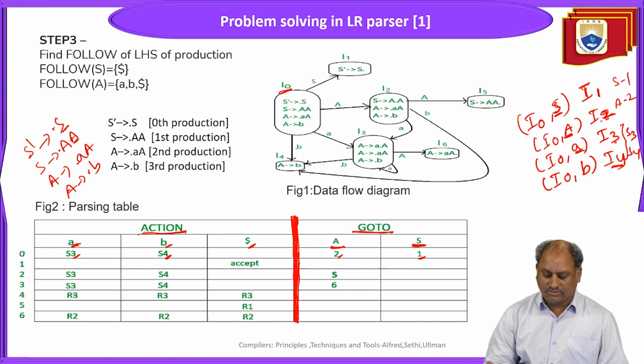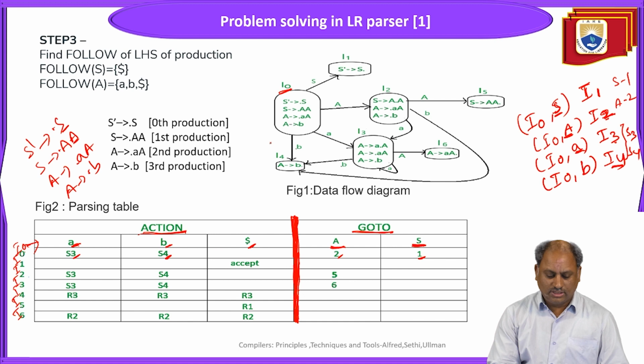Like this, we complete the first row of the table. And we have to write all the state names: I0, I1, I2, I3, I4, I5, I6. We have to consider all the states.